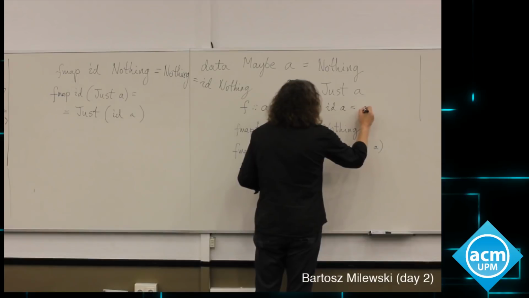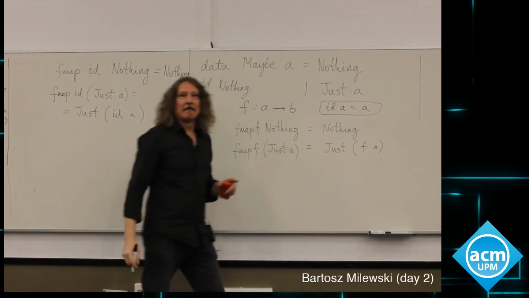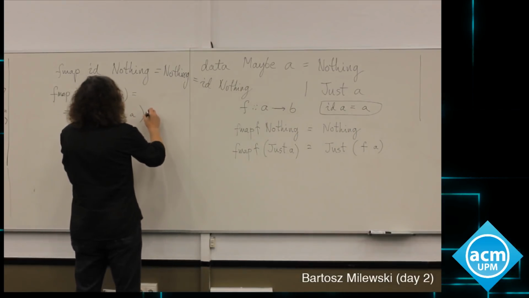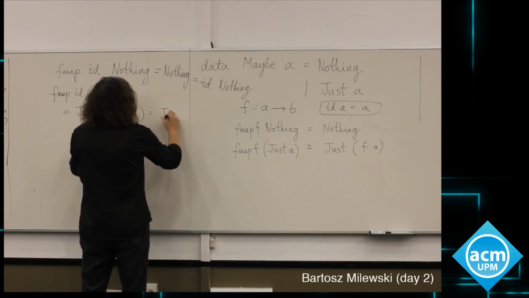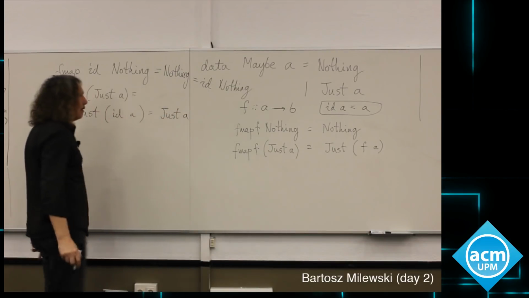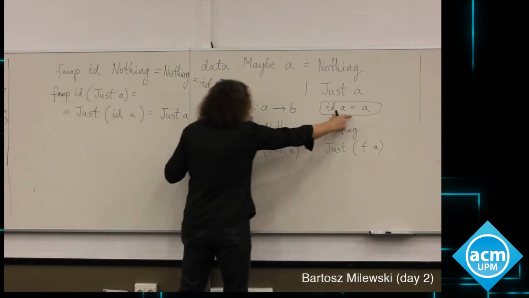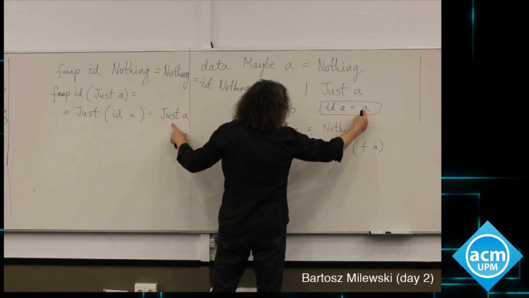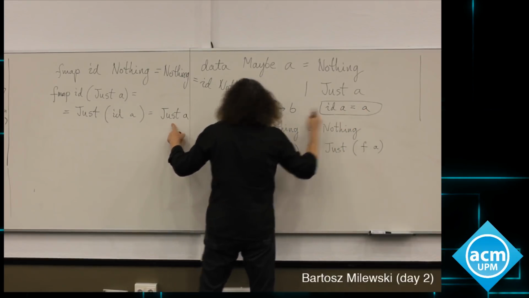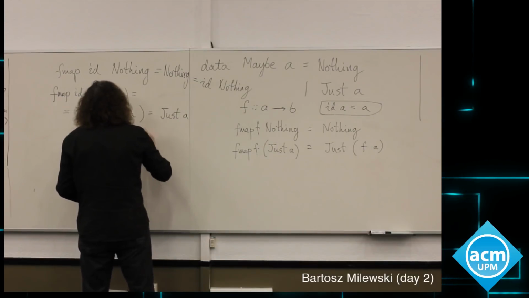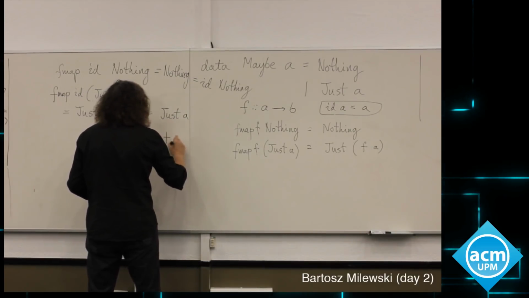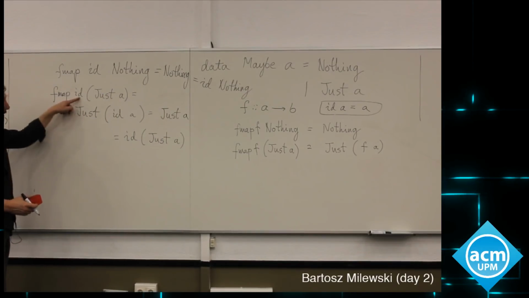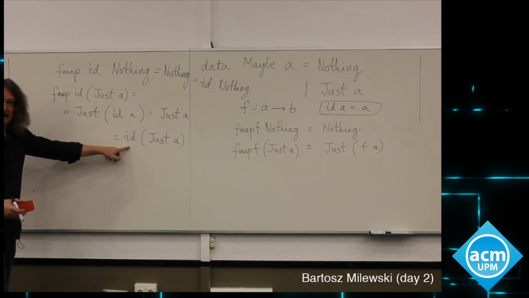ID a equals a. So I can replace ID a with a. So it's Just a. Now I can use this backwards: Just a equals ID of Just a. So ID was fmap'd to ID.